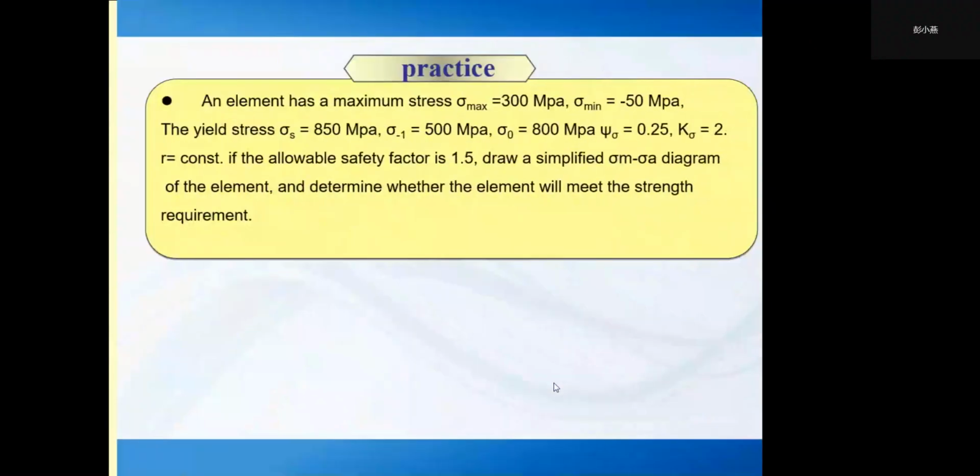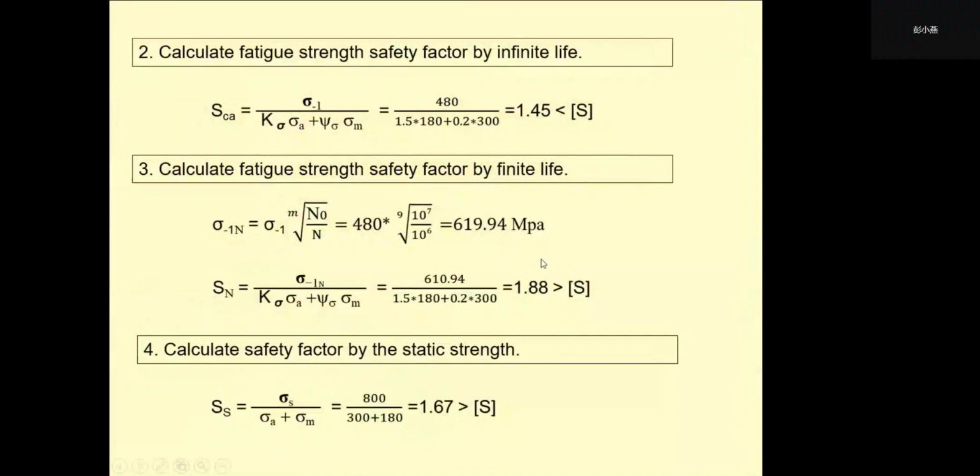So for finite life and static stress, this element is safe, but for infinite life, this element is not safe.